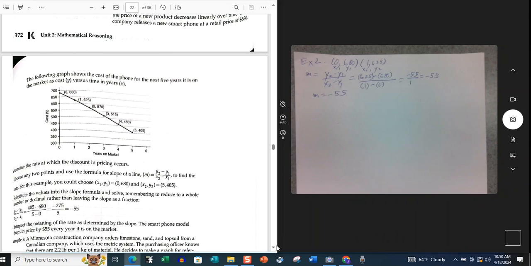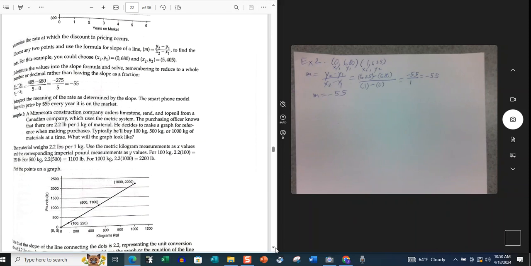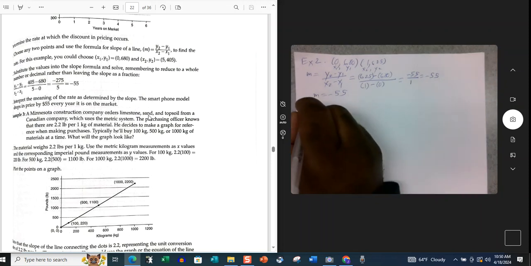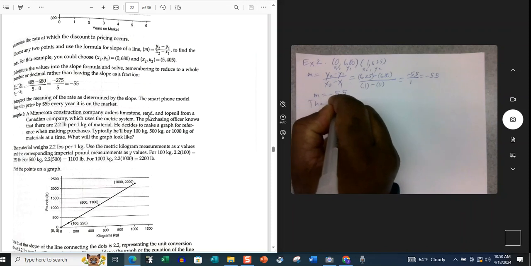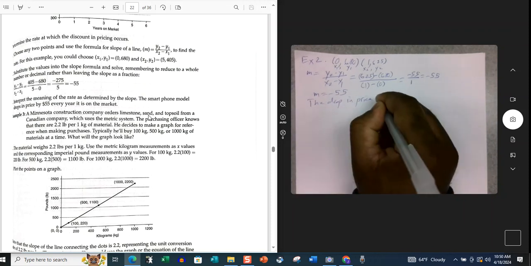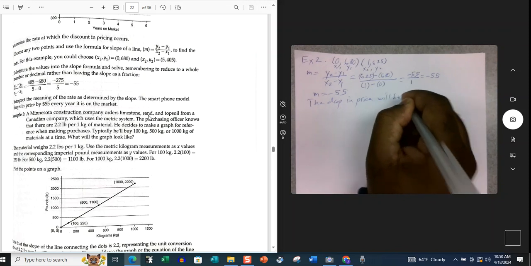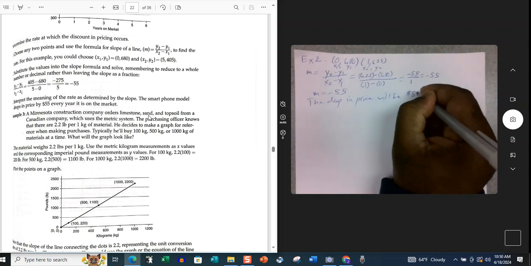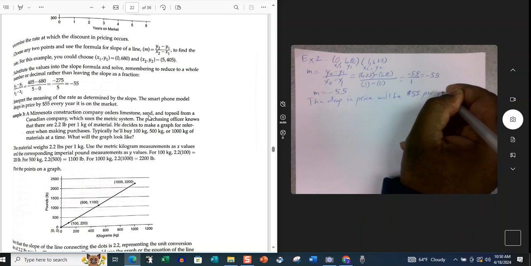So as we see here, it says, interpret the meaning of the rate as determined by the slope. The smartphone model drops in price by $55 every year it is on the market. So what you would say, like they said, is the drop in price will be $55 per year.